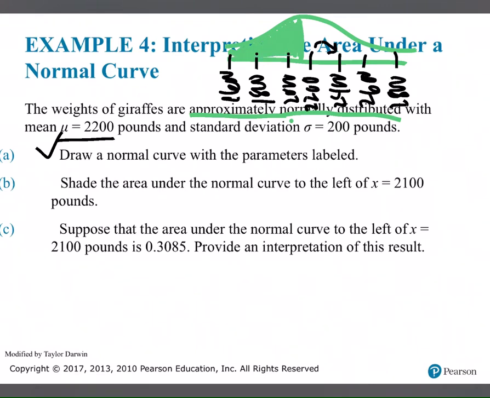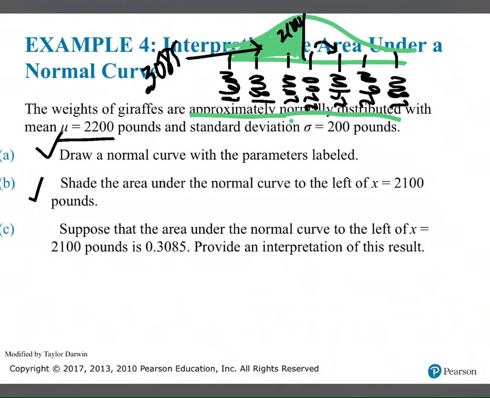I'm going to put 2100 just to represent that's where it is. It says suppose that the area under the normal curve to the left of x equals 2100 is 0.3085. So this whole green area is 0.3085.